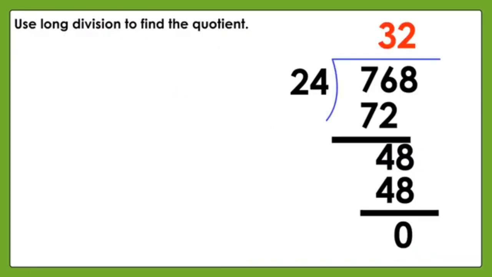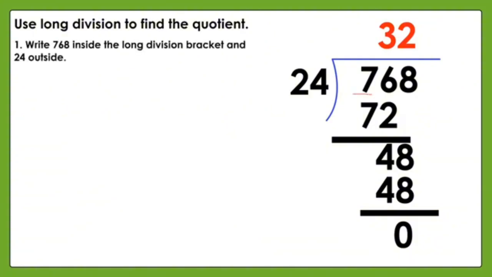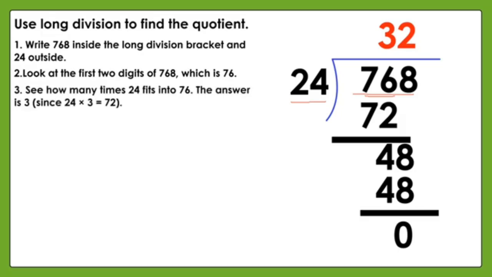Now, let's use long division to find the quotient. First, write 768 inside the long division bracket and 24 outside. Second, look at the first two digits of 768, which is 76. Third, see how many times 24 fits into 76.